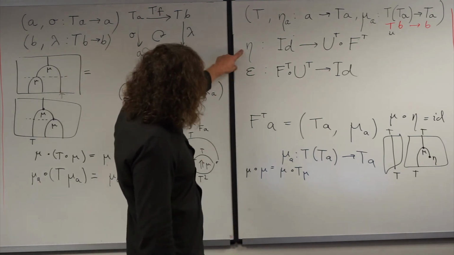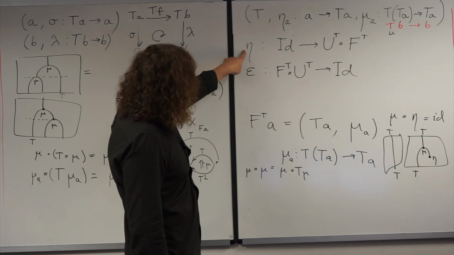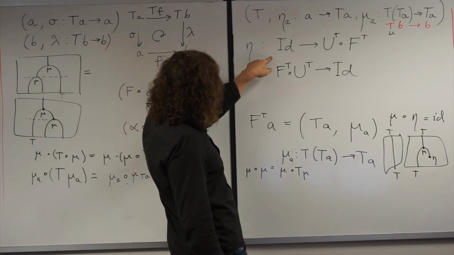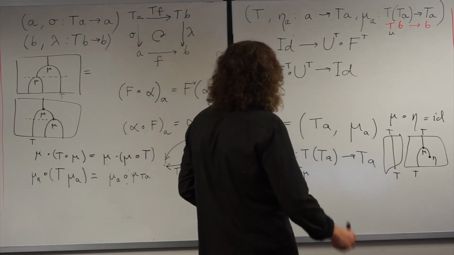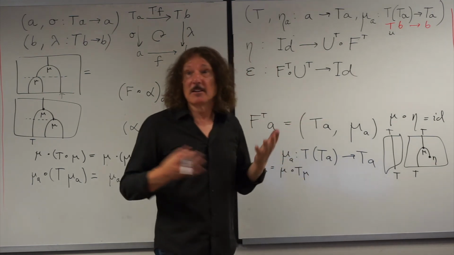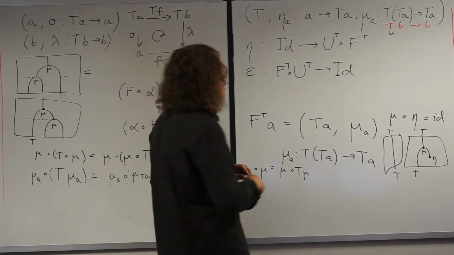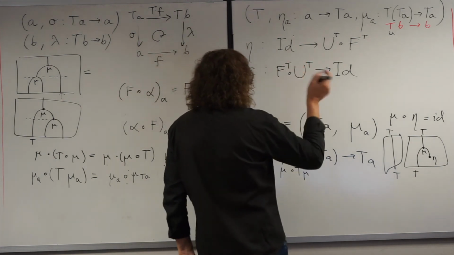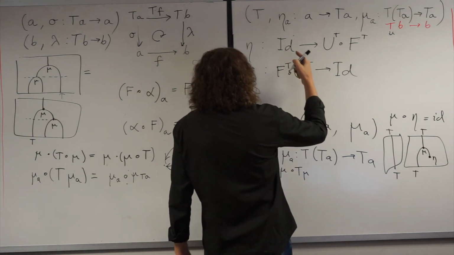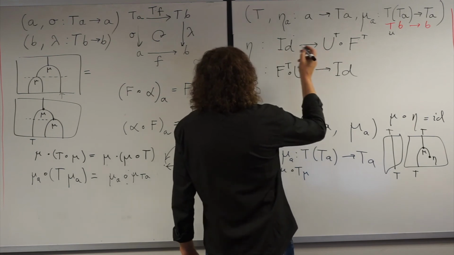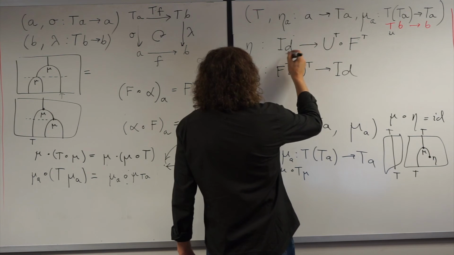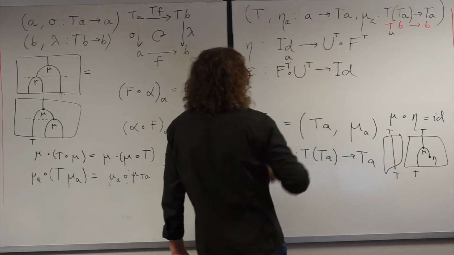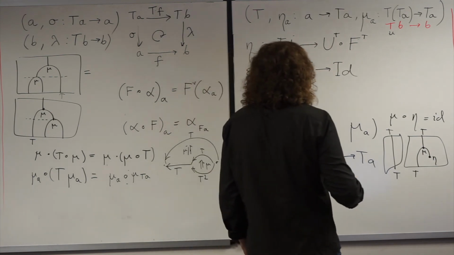Okay, so let's see, what is this? This is a natural transformation, and if we want to show that this is an adjunction, we have to define it. So let's define a component of it, at some object A. ID on A will give us A. That's simple.